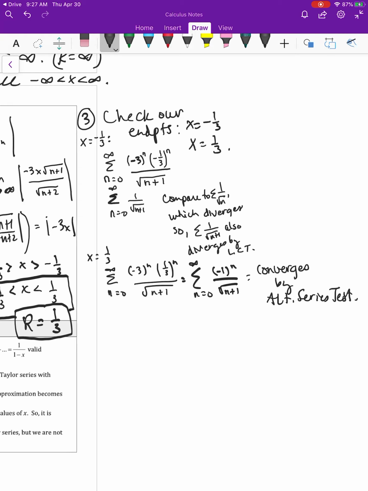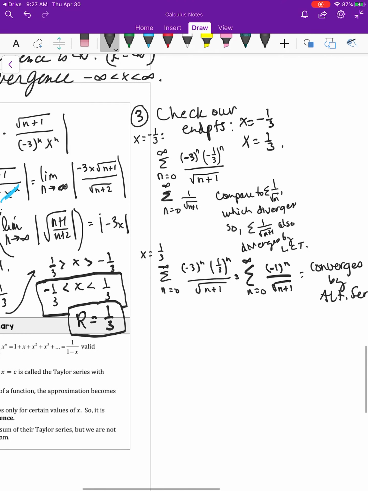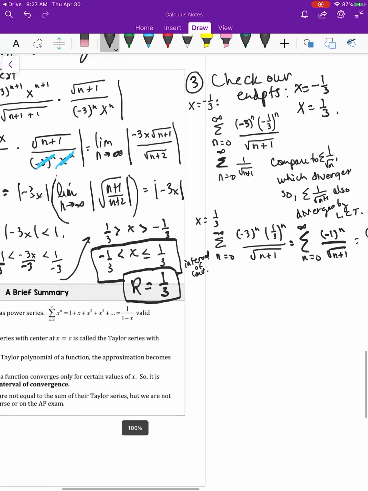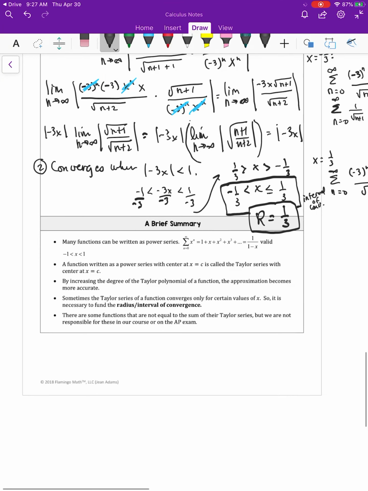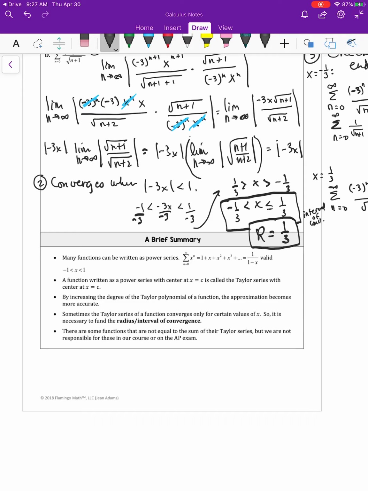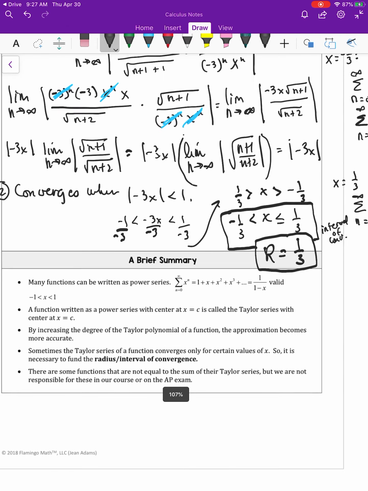And is it getting smaller every time? And it is. Then by that alternating series test, that gives you convergence. So we need to put an equal to sign on that guy. And now we have our interval of convergence. Okay, and our radius.